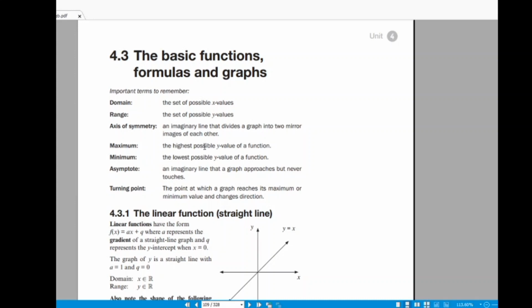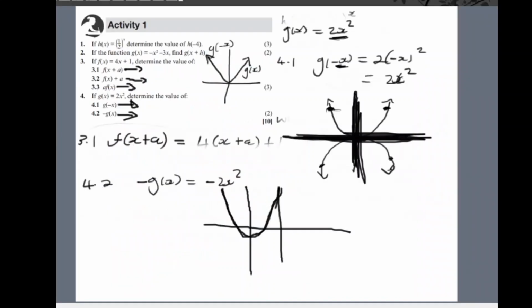An axis of symmetry is an imaginary line that divides a graph into two mirror images of each other, right? The maximum of a function is the highest possible y value of the function, right? Let me pick another example.